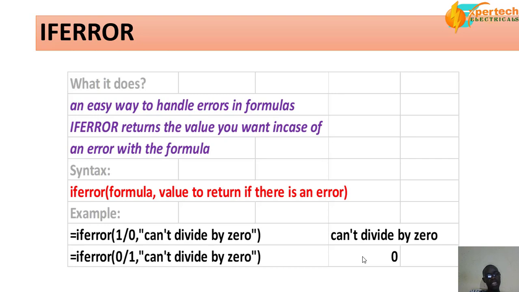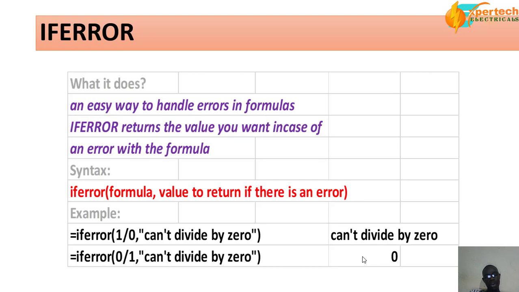If error returns the value you want in case of an error with the formula. Let's say you are working with if error, that is 1 divided by 0, but that number can't be divided by 0, meaning the value that you are going to get there is 0.